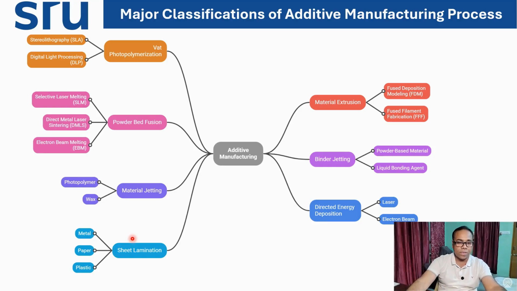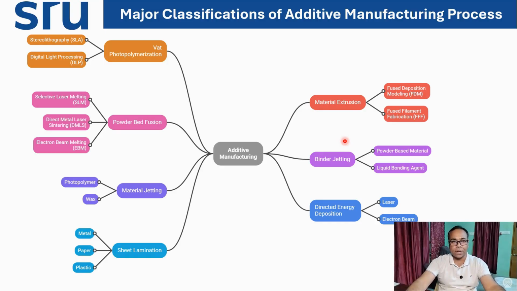Accordingly, this classification was done. Now coming to the material extrusion process, it is subdivided into the fused deposition modeling process, widely known as the FDM process, and another type, fused filament fabrication, in short FFF.